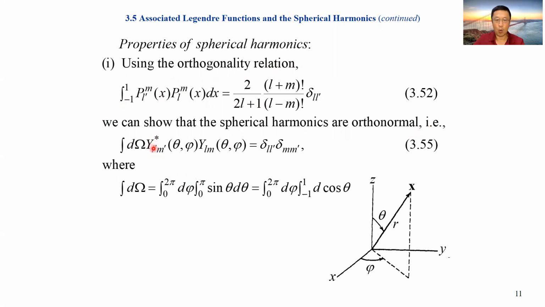That is, Y_L'm' complex conjugate, Y_Lm of theta, phi. The result will be delta_LL' delta_mm'.